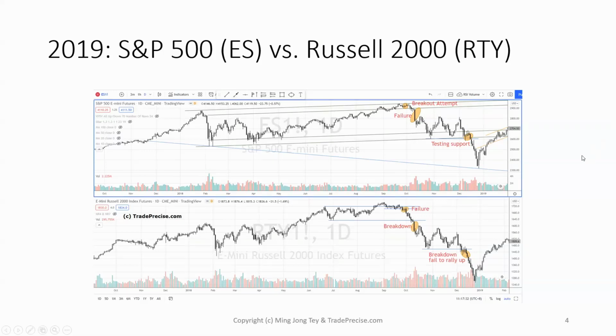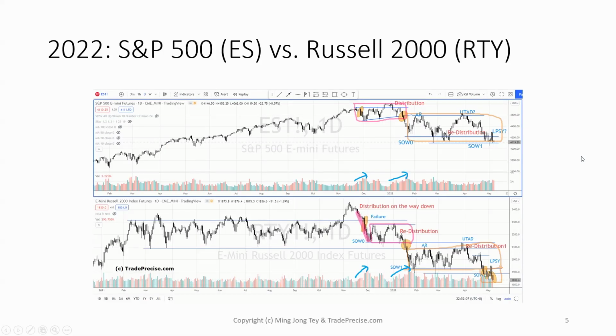That's 2019, and this is this year. We just experienced this, and we are right here. Breakdown, unable to rally up, and then eventually would it have a breakdown and then crash down here, and then we definitely will see S&P 500 follow as well if we get this type of breakdown.